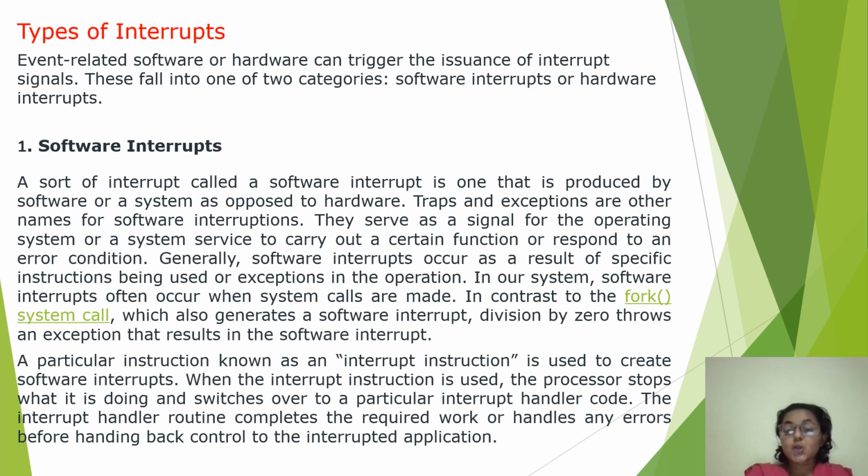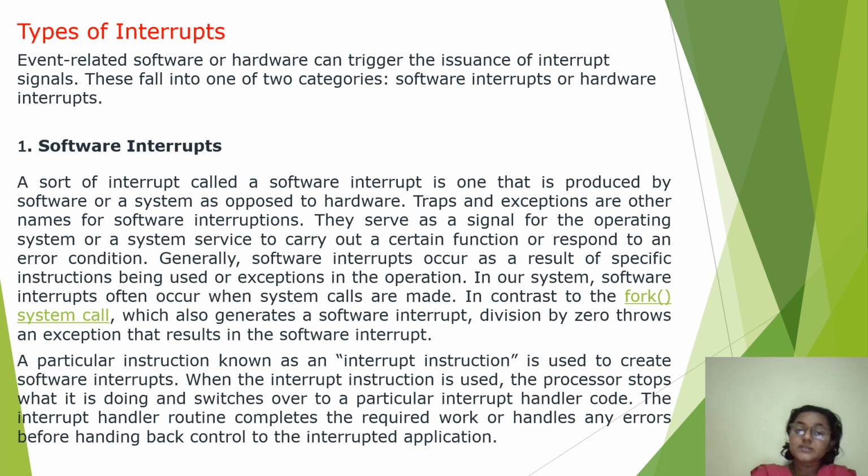Types of interrupts. There are two types of interrupts. One is software interrupt and another one is hardware interrupt. A software interrupt is one that is produced by software or a system, as opposed to hardware.